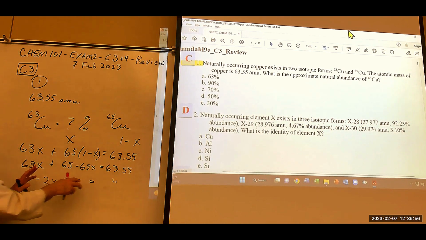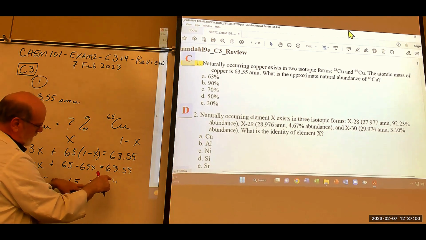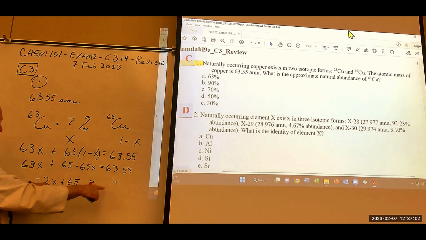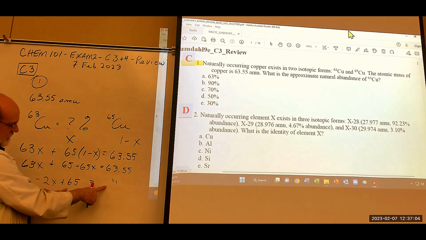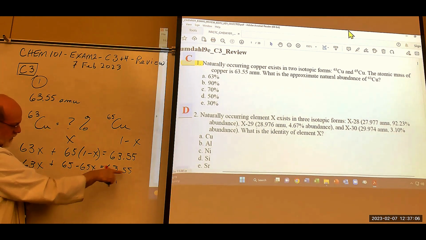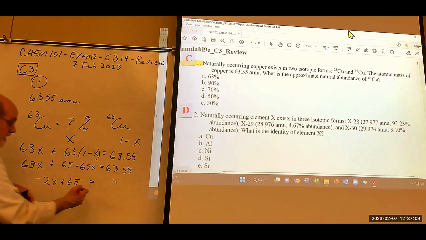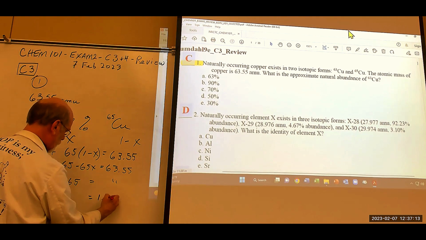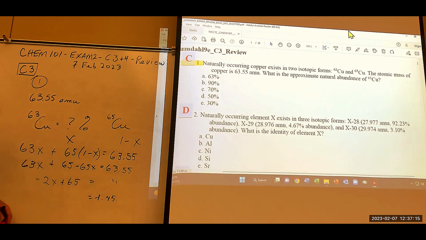And then we want to get all our numbers on one side and all our unknowns on the other side. So this would go over here, and this would be positive on this side, negative on that side. 63.55 minus 65 would give us a negative number, wouldn't it? What would be 1.45? Is that right?